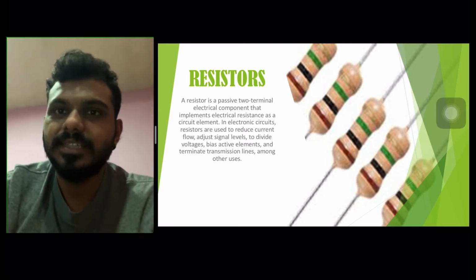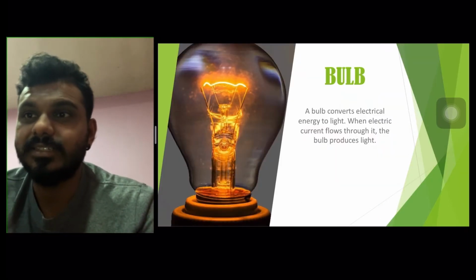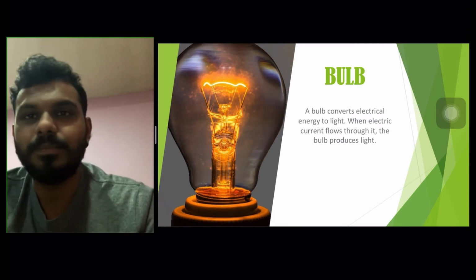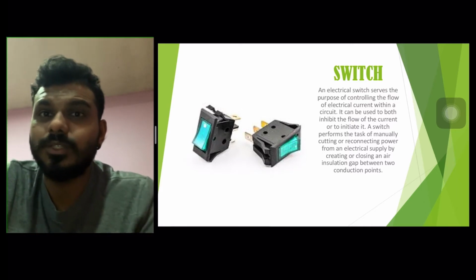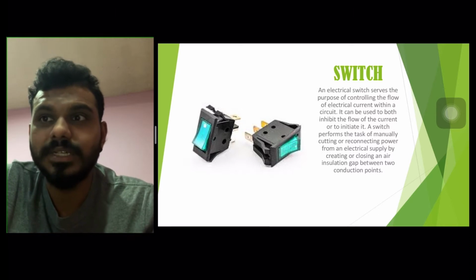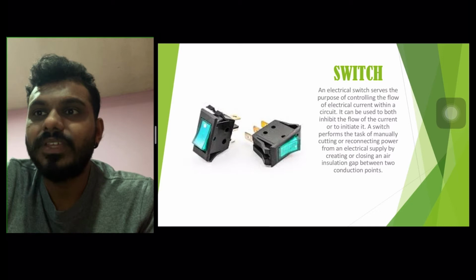And next is the bulb. Of course, a bulb converts electricity to light, so the electric current flows through, then the bulb produces light. Next one is the switch. An electrical switch serves the purpose of controlling the flow of electrical current within a circuit.